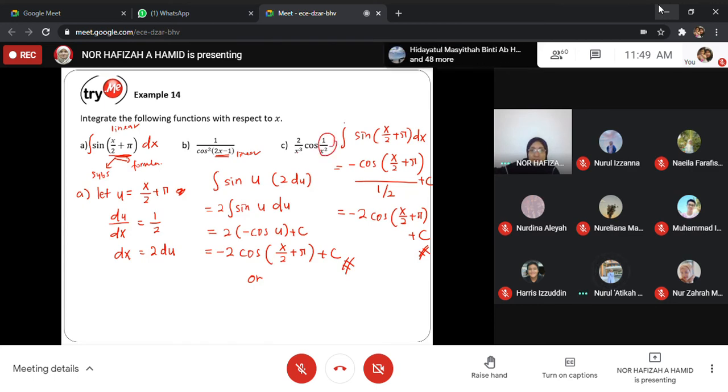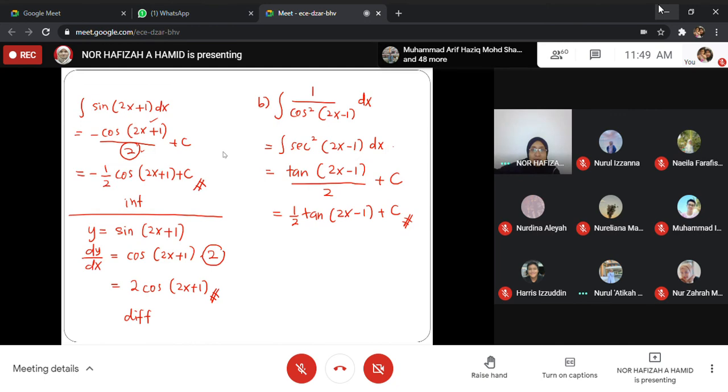Madam, for B, if we use the substitution method, how is it done? Which one? B. B is 1 over cos square. So if you use the substitution method, you also have to convert it into secant square. For B, you start from here: 1 over cos square equal to secant square of 2x minus 1.